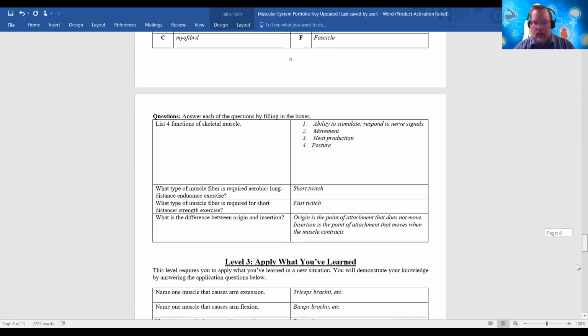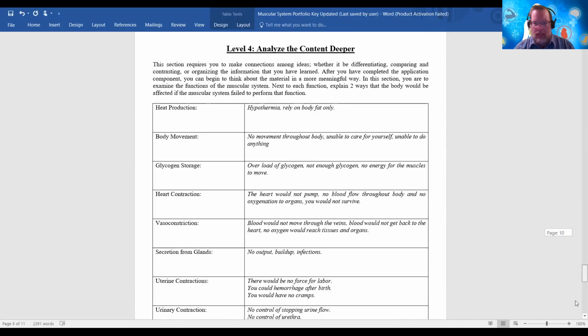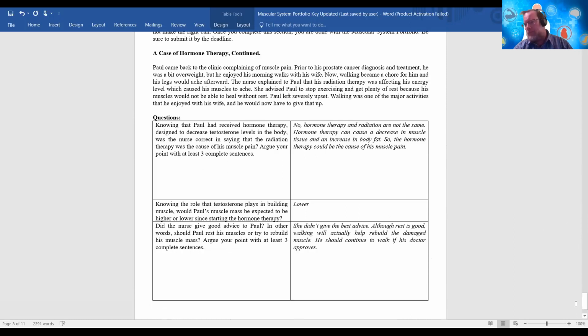I did have one thing I wanted to stop at the end here. There were a couple questions on Paul, and Paul talks about having hormone therapy for his cancer. It decreases the testosterone levels in the body. It asks if radiation was the cause of his muscle pain.